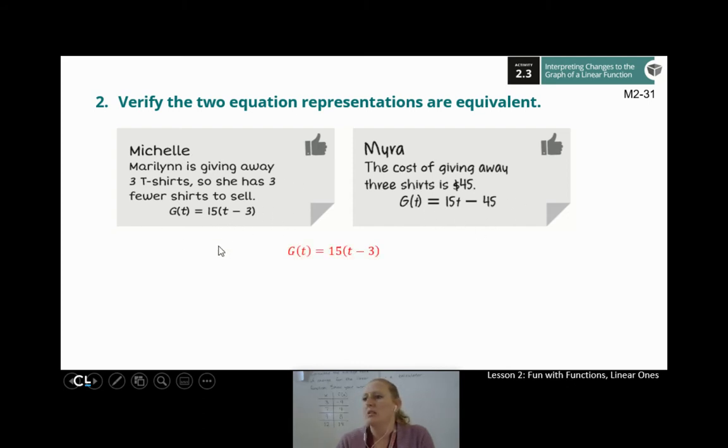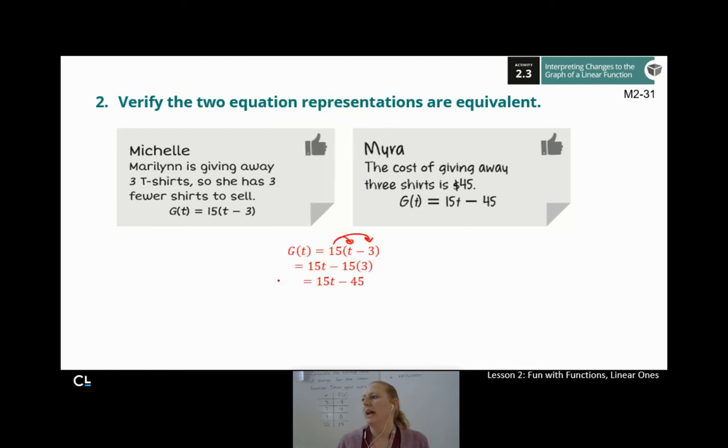So I took Michelle's equation and I'll distribute. I'll do a little distributive property here and we'll get rid of those parentheses. So I did 15 times t and then 15 times 3 with the minus sign in the middle. So I actually do get 15t minus 45. So they are the same function, aren't they?